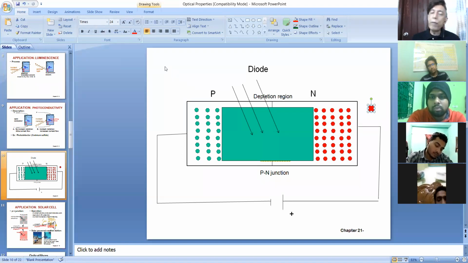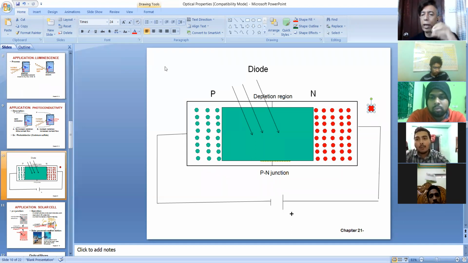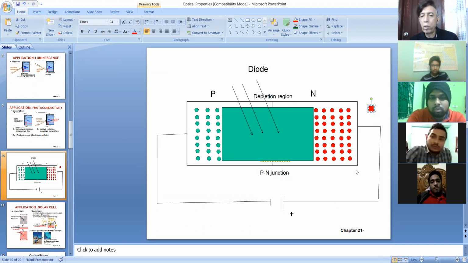So by a photodetector, you can detect light. How? Because in this diode there is no current, but when light falls here, you are getting electrons from the silicon atom, and this electron will flow and you will get current.